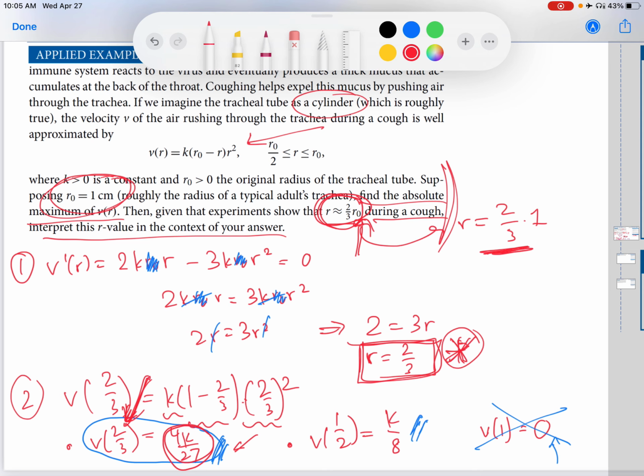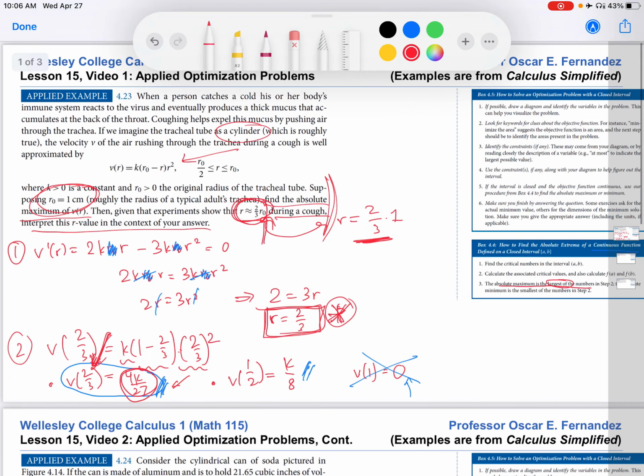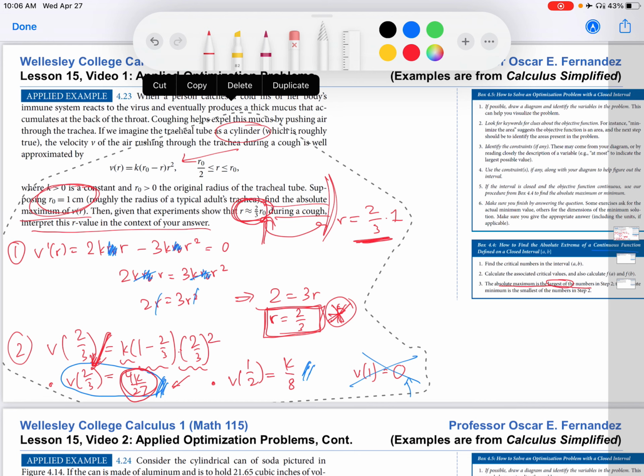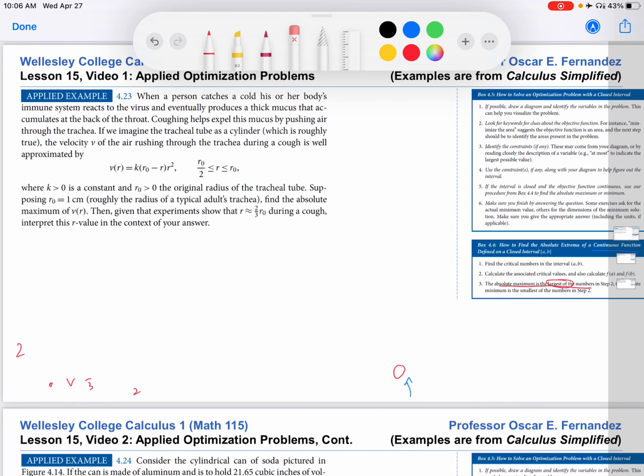Okay, so let me go back and talk about something that I mentioned a minute ago, and then I'll recap in the video. The procedure we used in this video to find the absolute maximum came from this box 4.4 that I keep talking about over here on the right-hand side.